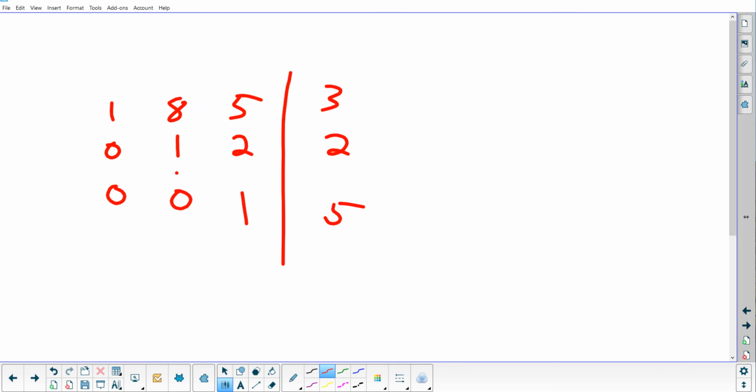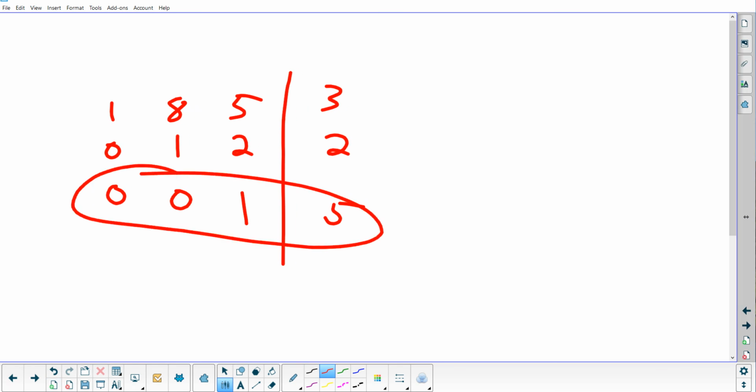If you were to write this last row back as an equation, what does that last row say? It says z equals 5. Because you have 0s here and a 1 here, you've basically eliminated 2 variables in the equation, and now you can solve for the third one. So we know z is 5.